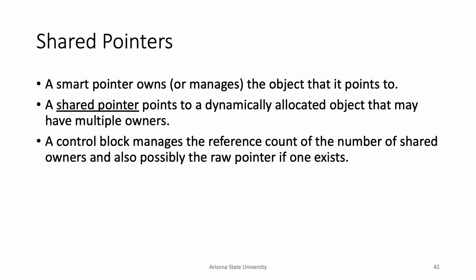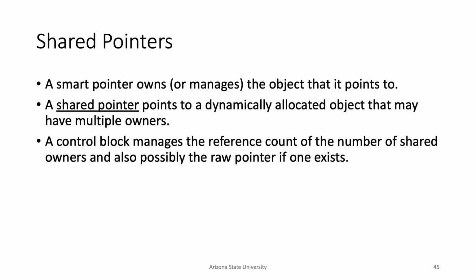But what if we have these two things pointing to this object, and let's say this one goes out of scope? Maybe the function exited, but this one is still alive. What happens on the internals of shared pointer, do you think? The reference count is going to go down to 1.